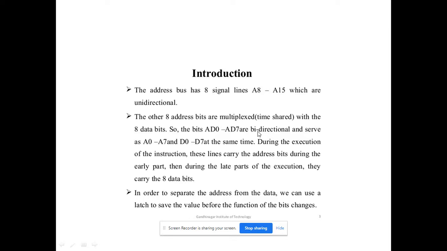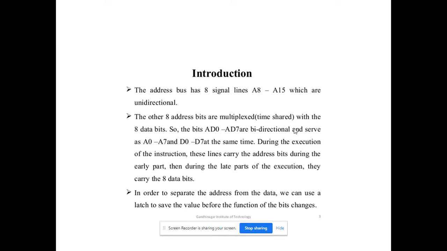That means this bus is used to carry data from the microprocessor to memory and peripherals and vice versa. It means this bus serves both the functions of address as well as data.